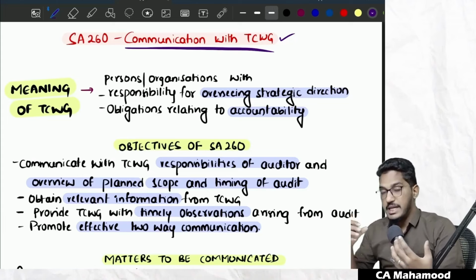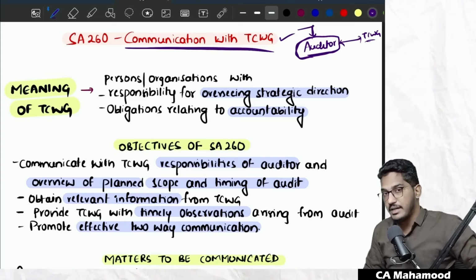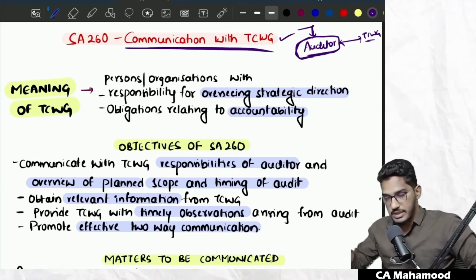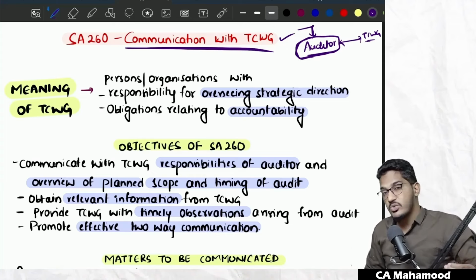So we have to first understand the objective of the standard. SA 260 is putting some responsibilities on the auditor. It is suggesting certain matters which are required to be communicated mandatorily by the auditor with those charged with governance. If I put it the other way around, SA 260 is going to tell the efforts which the auditor is required to put in to make the communication effective between management and those charged with governance.